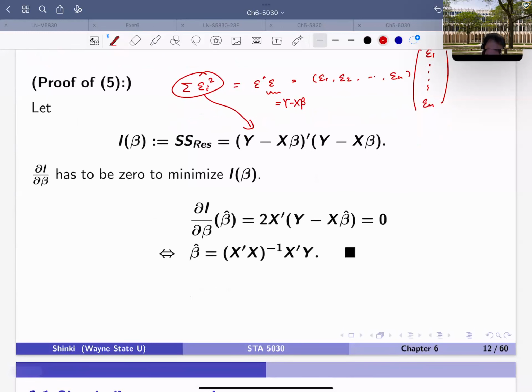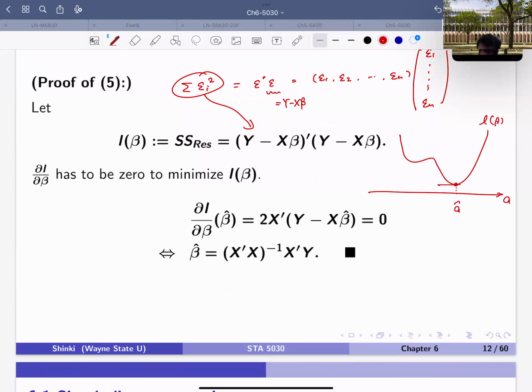Then we have to minimize with respect to A and B. So we have some function, L of beta, and a minimizer, A hat.